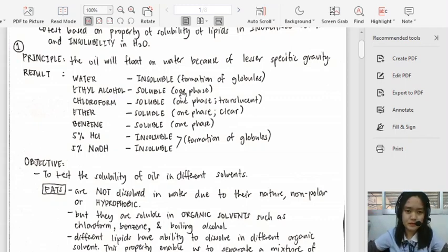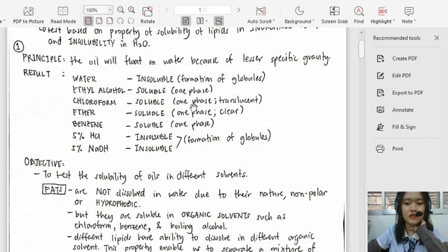Kapag may formation of globules kasi, two phases ang nandyan kasi naghiwalay yung oil and yung inyong water. Pero dito sa ethyl alcohol, one phase lang siya because your ethyl alcohol and your cottonseed oil mix together. Okay, soluble siya.